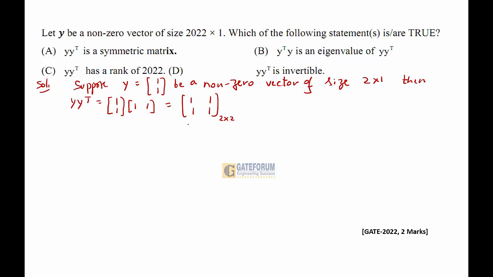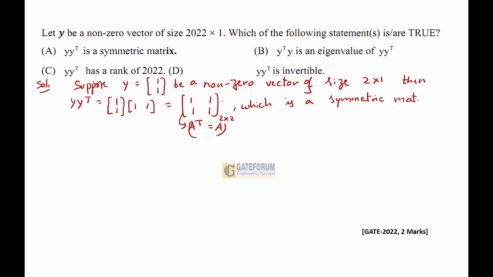First row elements are equal to the corresponding elements in the first column, and the second row elements are equal to the corresponding elements in the second column. So this is a symmetric matrix, satisfying A transpose is equal to A. Now statement A is true.